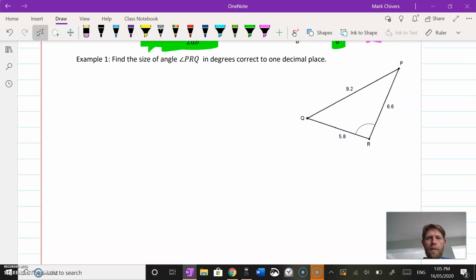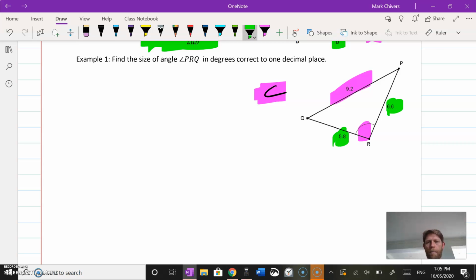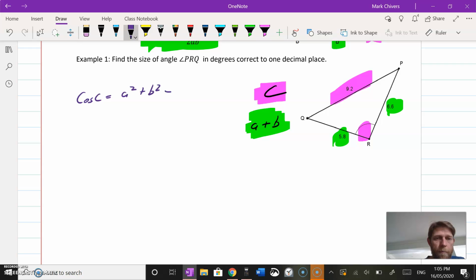So we want to find the size of angle PQR. There's the angle we care about, and that's the side that's opposite. So this here is our C, and everything else is our A and our B. Really important that the side opposite the angle we want to find is the side we're calling C. So we'll use our formula, which is cos C equals A squared plus B squared minus C squared over 2AB.